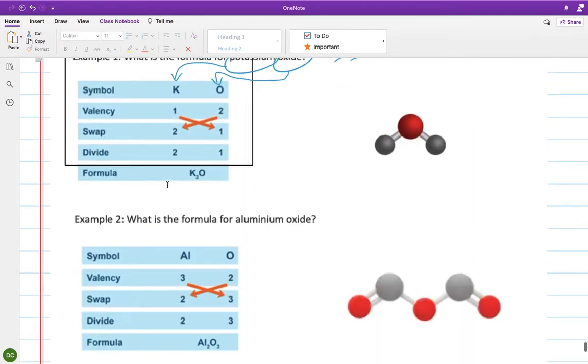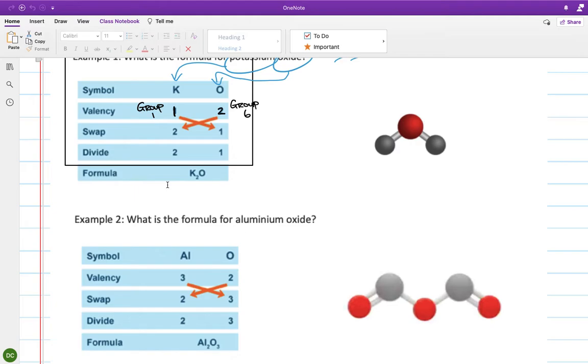So this potassium has a valency of 1 because it's in group 1. Oxygen has a valency of 2 because it's in group 6.